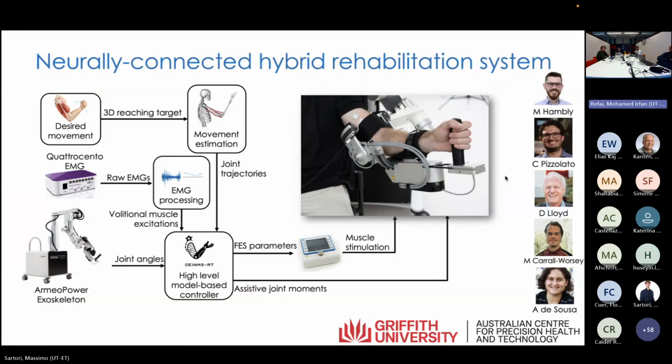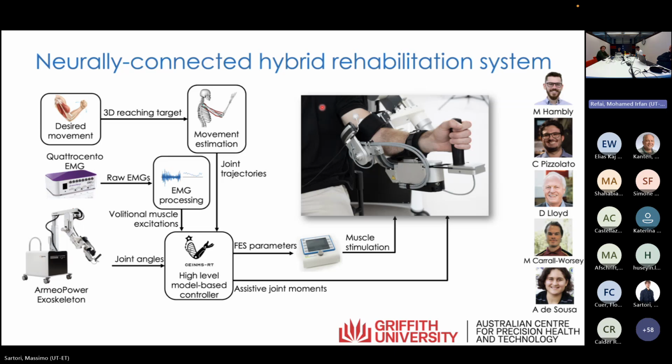And this is the last use case, and it's a use case that's coming from Griffith University, which is one of the three co-developer teams of CEINMS Real Time. And what they did is really cool because they use CEINMS Real Time in the context of spinal cord injuries.